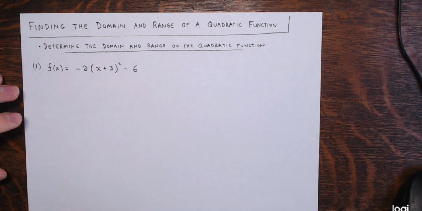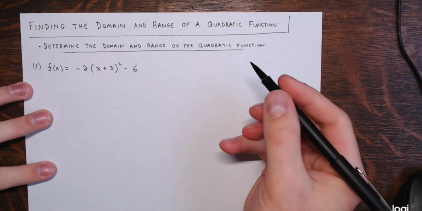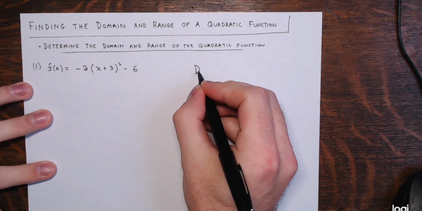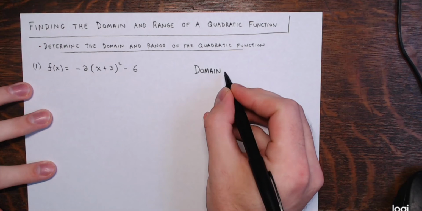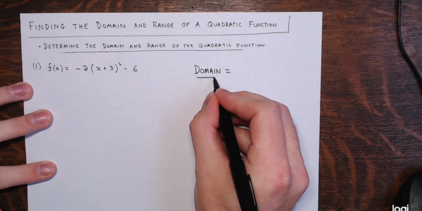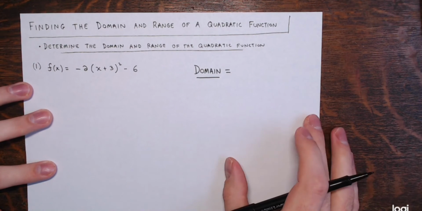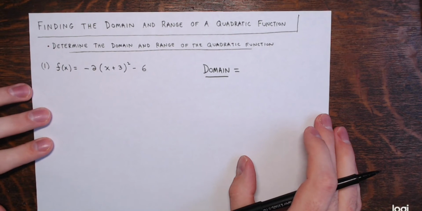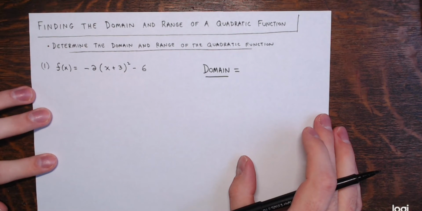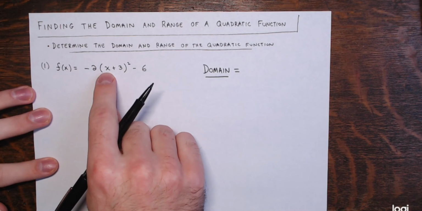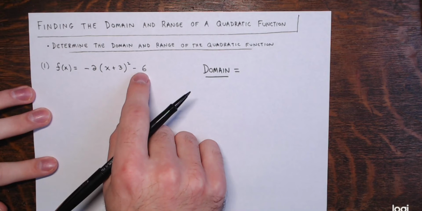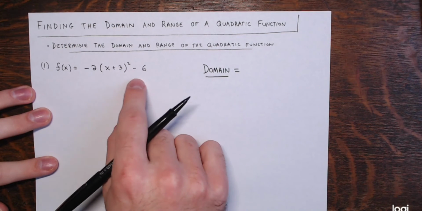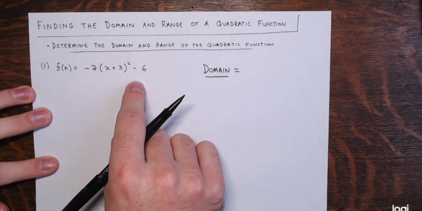I'm going to tell you right now, the domain for any quadratic function. Remember, the domain is the set of all the inputs, all the x coordinates, all the values I can plug in for x. In every single one of these quadratic functions, there are no denominators with variables, no square roots, fourth roots, no even roots, no logarithms.